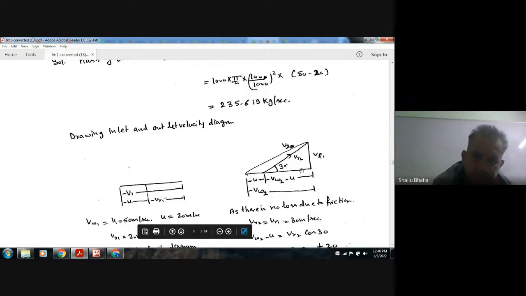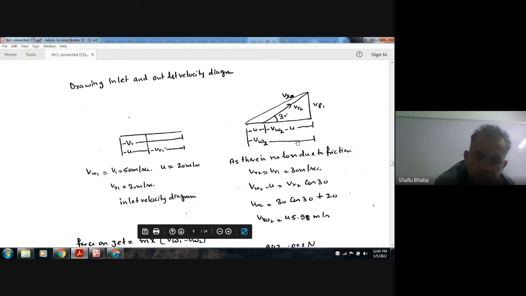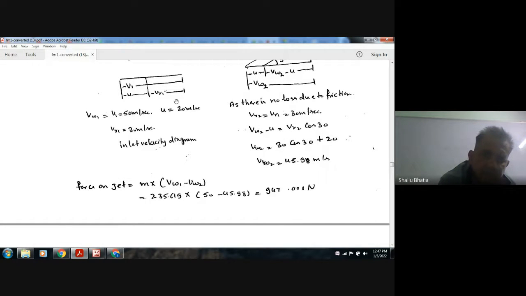This angle is 30, so VW2 is VR2 cos 30 plus u, which is 20. So we can find VW2 by solving this triangle. Now we have VW1 as 50 and VW2 as 45.